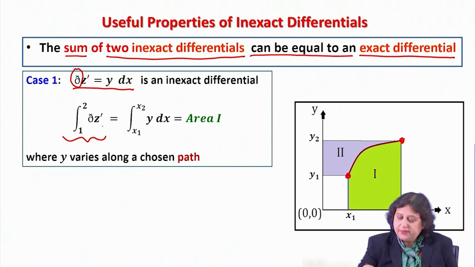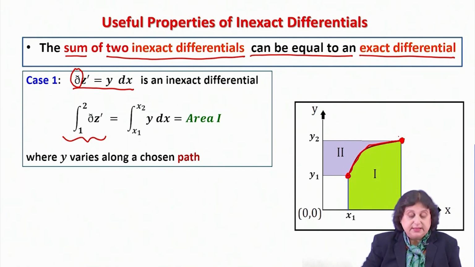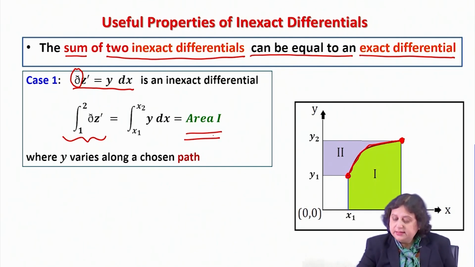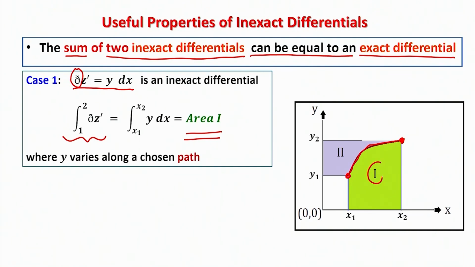So now let me define this red curve as a functional dependence of y as the system passes from the initial point x1, y1 to the final point x2, y2. And then what is the value of this integral? The value of this integral is then the area under this red curve, which has been marked here as the area 1 and shown using green color.